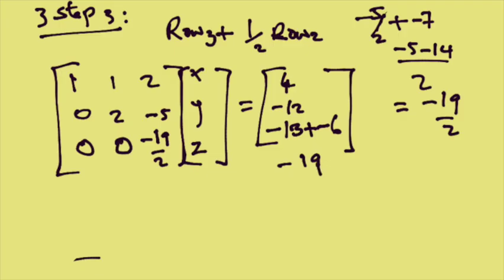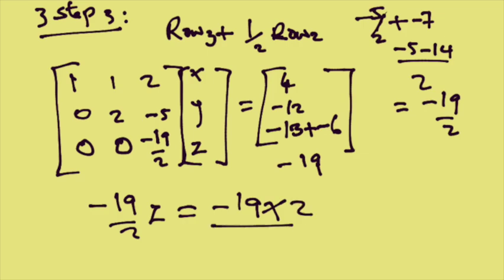Now we are ready to just read off all the values. For z, we say negative 19 z is equal to negative 19. Multiply both sides by 2 and divide by negative 19. This will mean z is equal to 2. So we can just now go back and read off from the matrix: y minus 5z is equal to negative 12.